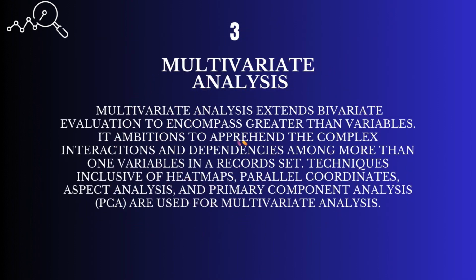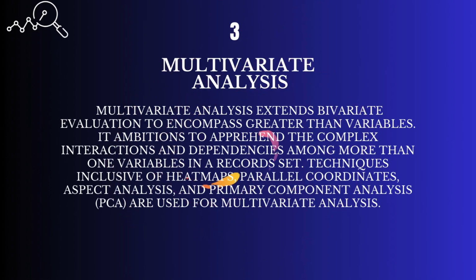So we are done with the basic definition of univariate and bivariate analysis. In univariate analysis, we see a single variable. In bivariate analysis, we see the effect of one variable on the other, whether there is association or correlation between them. So moving forward, multivariate analysis is all about multiple variables in the data.